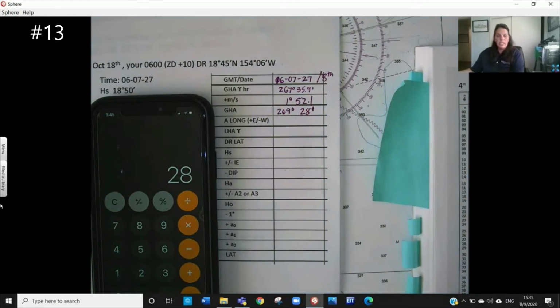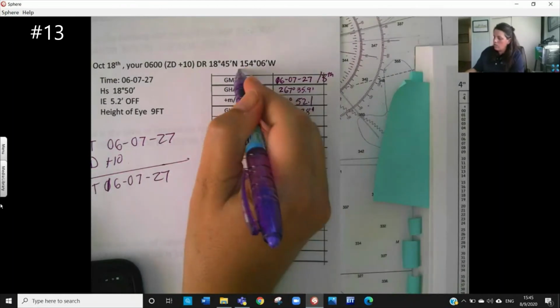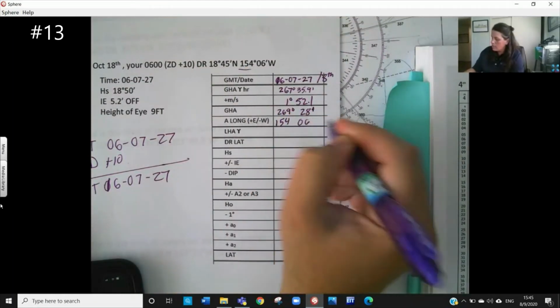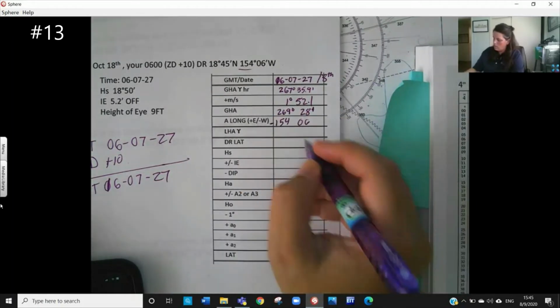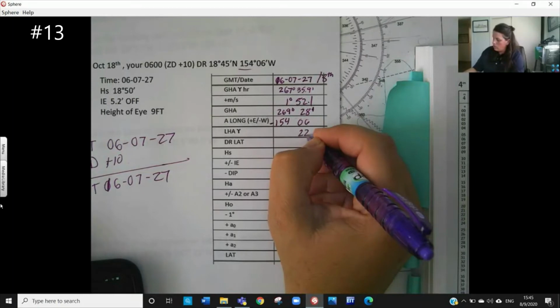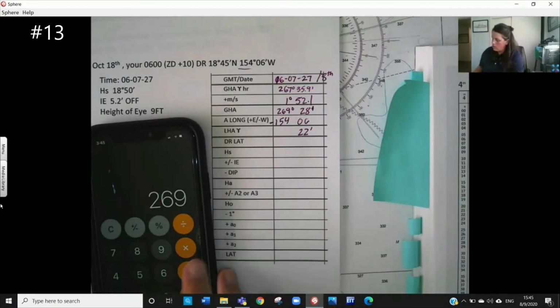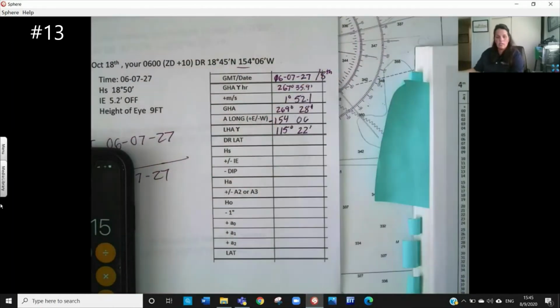We have a GHA of 269 degrees, 28 minutes. We're going to apply our longitude of 154 degrees, 06, and we're subtracting for our west. So we get 22 minutes and 269 minus 4 gives me 115 degrees.